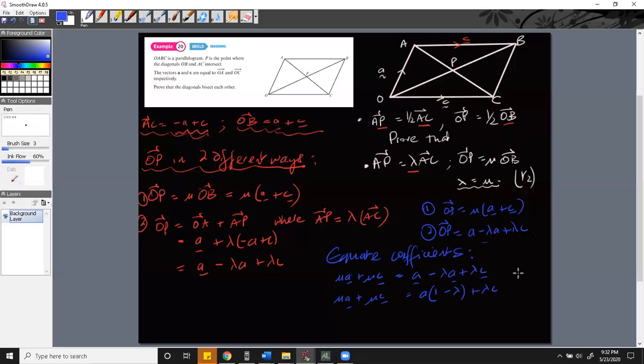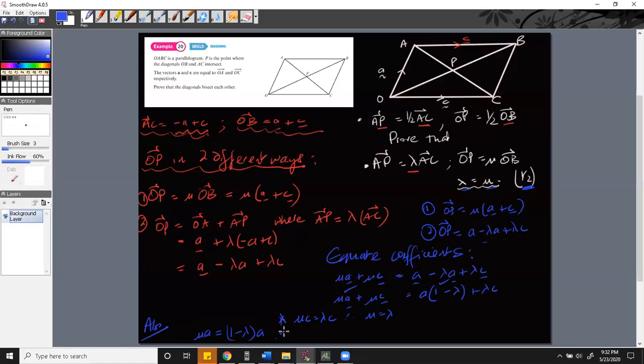So equating coefficients, we can see, firstly, that mu C is equal to lambda C. So therefore that means mu is equal to lambda. And we're getting close now because we know from looking at the problem earlier on that mu is equal to lambda. Okay. Also, we know that mu A is equal to 1 minus lambda A from here.